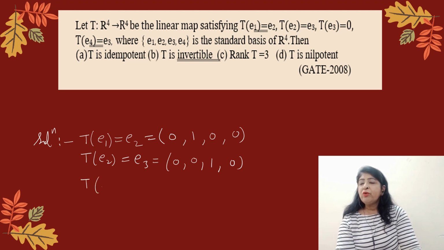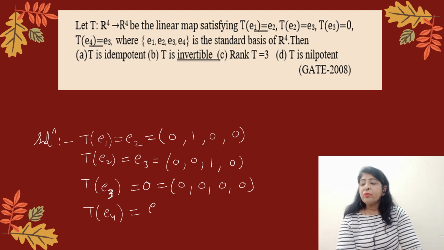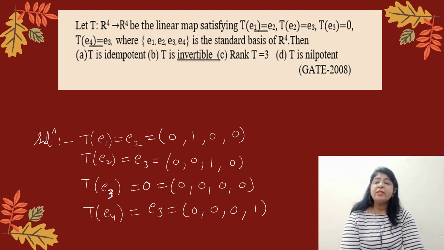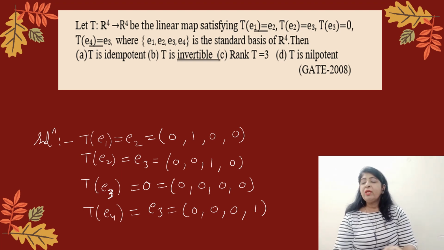Then T of E3 is 0, so this becomes 0, 0, 0, 0. And T of E4 is equal to E3. E3 means 0, 0, 1, 0.